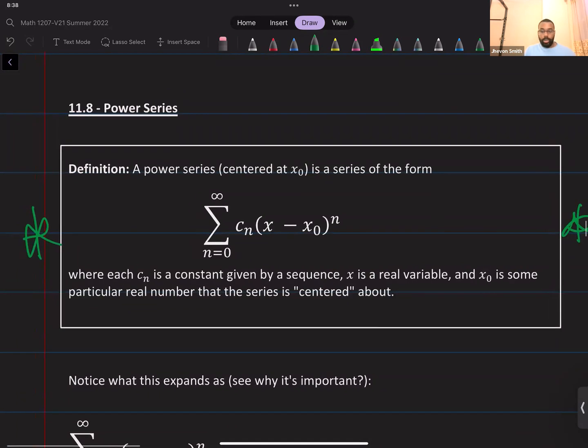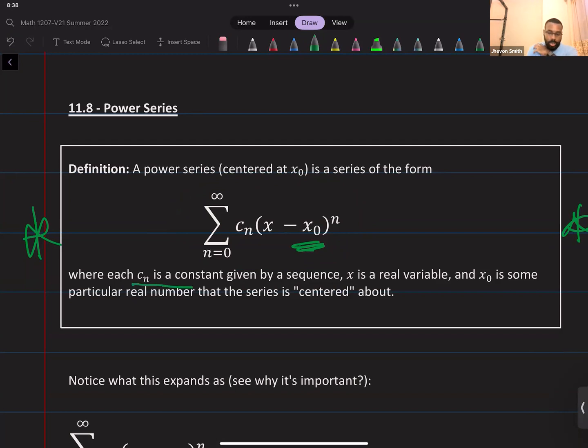Okay. So a power series is any series that looks like this, right? If you look like this, we call you a power series. More specifically, we call you a power series centered at x naught, x0. Cn is a constant.